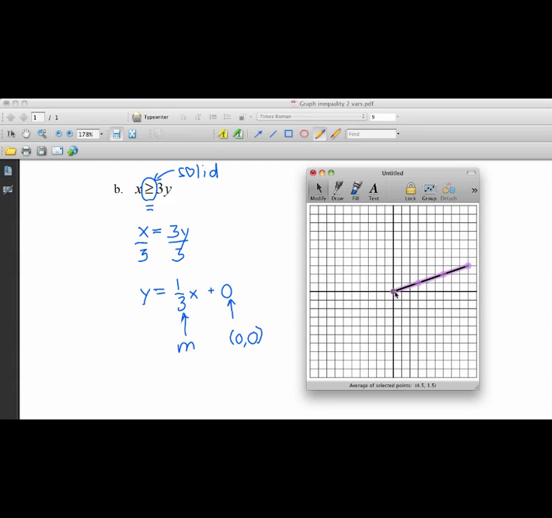Now I'll extend this line in both directions and add the arrowheads.